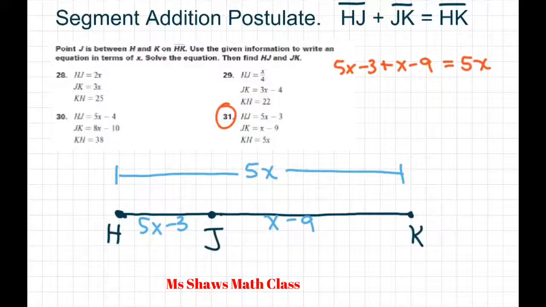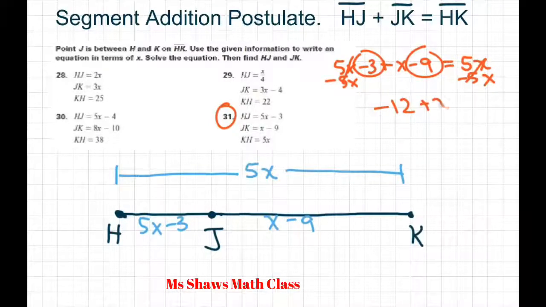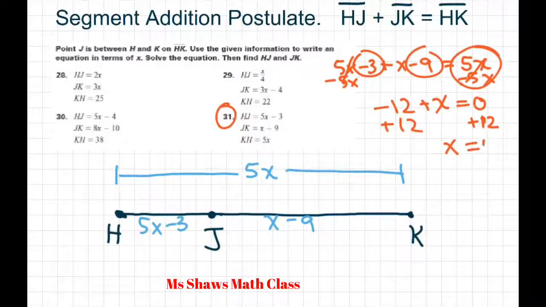Well, right away the 5x's cancel. You subtract 5x from both sides, that's going to be 0. Now I add this up. You get negative 12 plus x equals 0. Add 12 to both sides, so you get x equals 12.